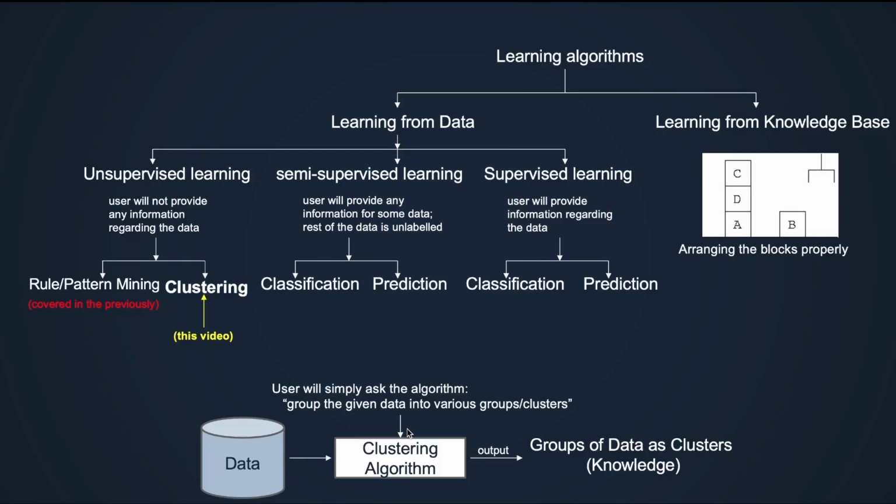In unsupervised learning, the user will simply provide the data and request the algorithm to learn by itself. He will not provide any additional data. When we are talking about unsupervised learning techniques, there are only two types. The first one is pattern mining or association rule mining techniques, which try to discover patterns from the given data.